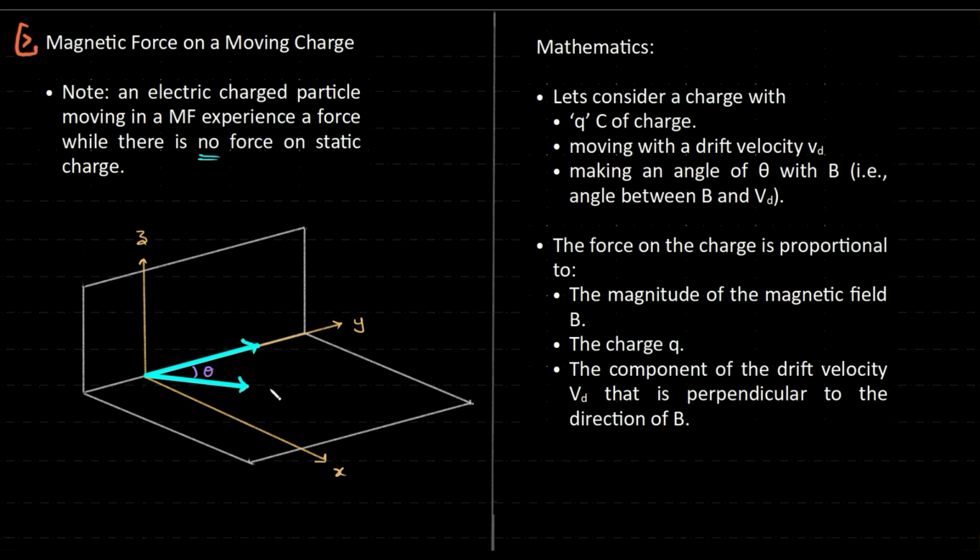I'm taking this as B, and this is the movement of the charge. So to the XY plane, what is the perpendicular line? Z axis. And that will be the direction of the force. Again, this is observed in nature, and we are just learning about it. So that will be the direction of force.